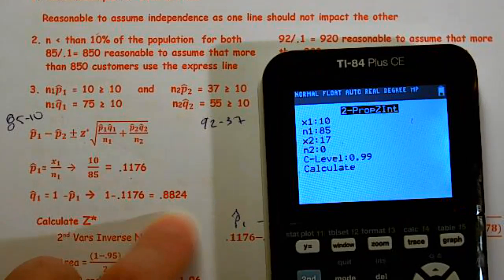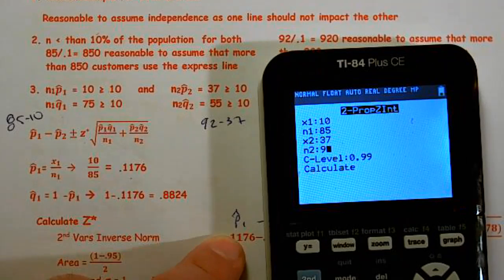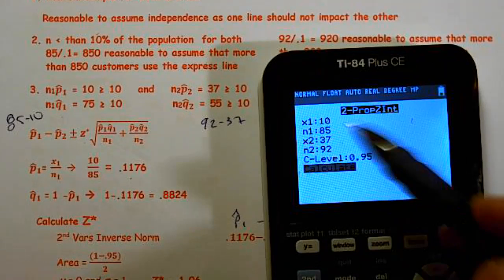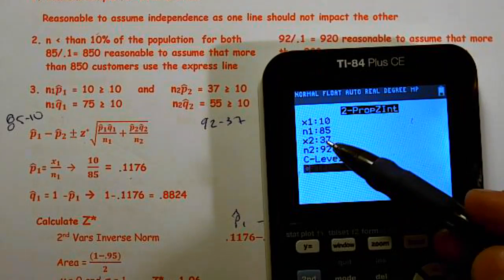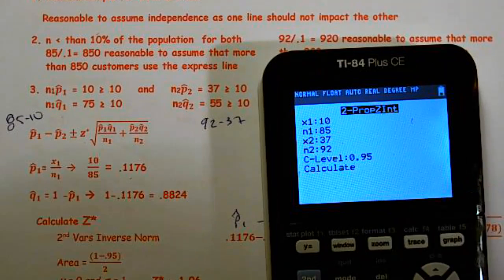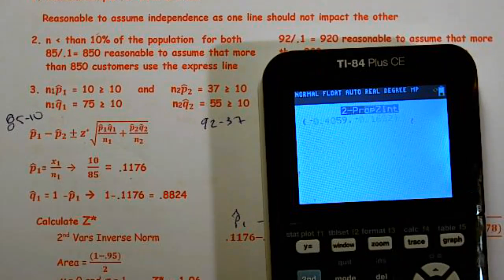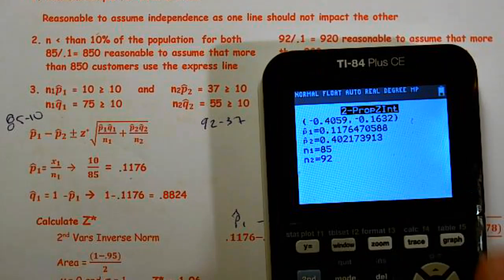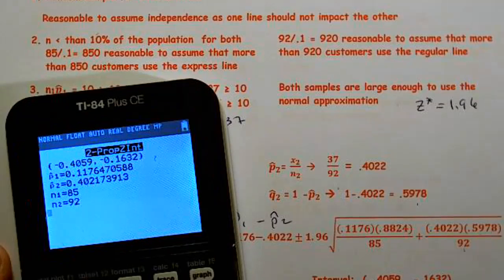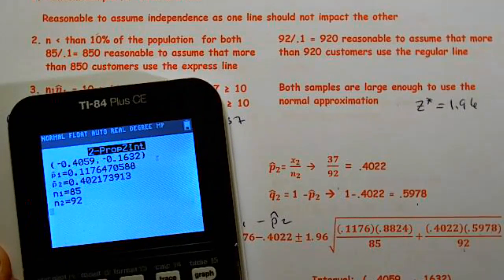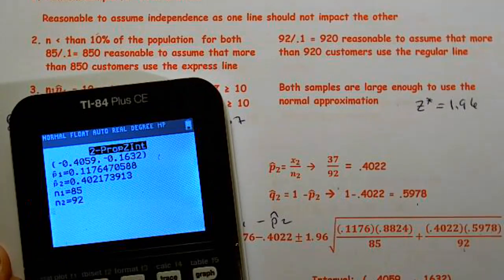In the regular line, we had 37 paid by check out of 92. And we wanted a 95% confidence level. Please note, x and n must be whole numbers. If they're not, round them. So we end up with negative 0.4059 and negative 0.1632.